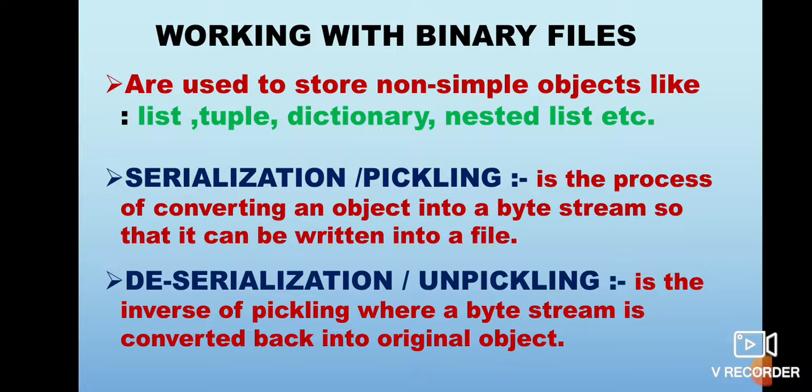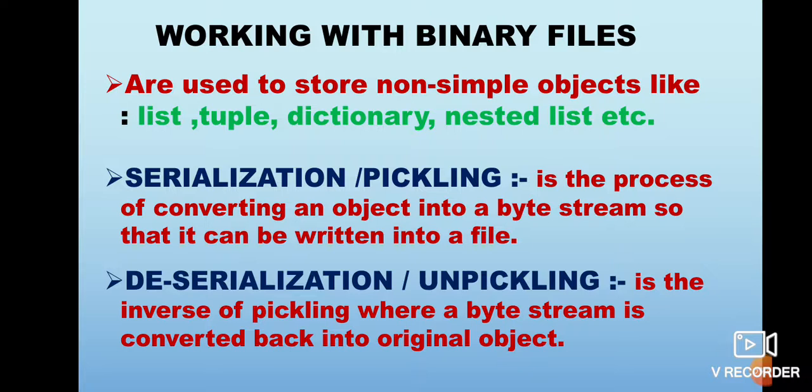Binary files are generally used to store non-simple objects like an object of a list or a tuple or dictionary or nested list, etc. Now, as you know, these non-simple objects have a particular hierarchy or structure associated with them, and therefore when you are storing such objects in a binary file, you have to store them in such a way that their structure or hierarchy remains maintained. For this purpose objects often need to be serialized and then stored in binary files.